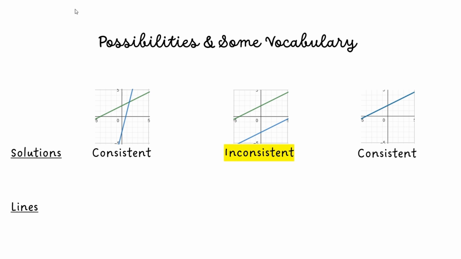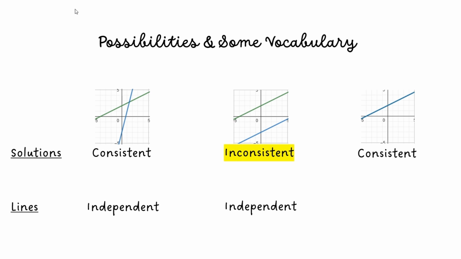The other thing that we can talk about in reference to systems of equations are the lines themselves. So if I see two lines, those systems are referred to as independent. So we have one independent system where we see two lines that cross in one place. We have another kind of independent system where we see two lines, but they are parallel. So just because something is inconsistent does not also mean that it's sort of special in another way.